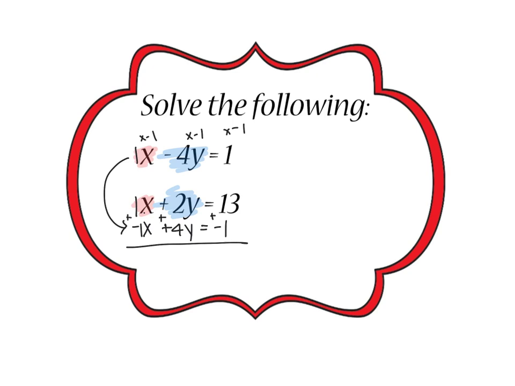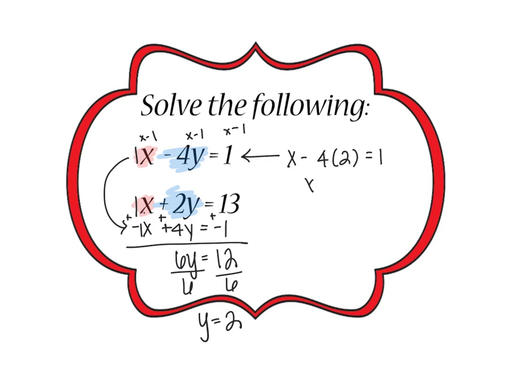So 1x plus negative 1x will cancel. 2 plus 4 is 6y. 13 plus negative 1 is 12. When I divide, I get y equals 2. And when I plug that back in, I'm going to get x equals 9.